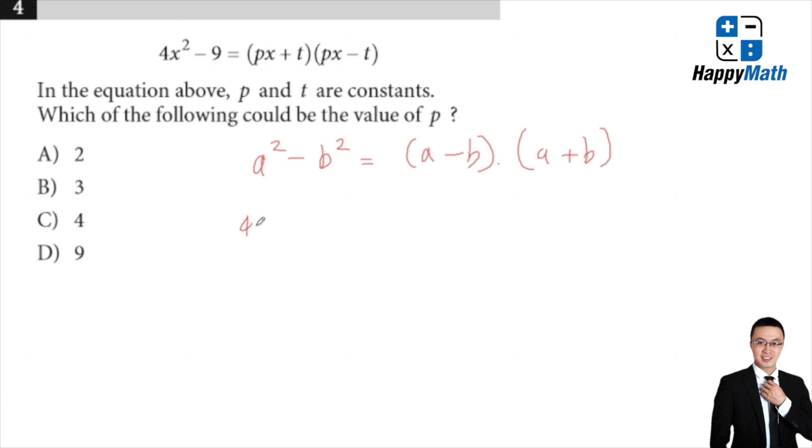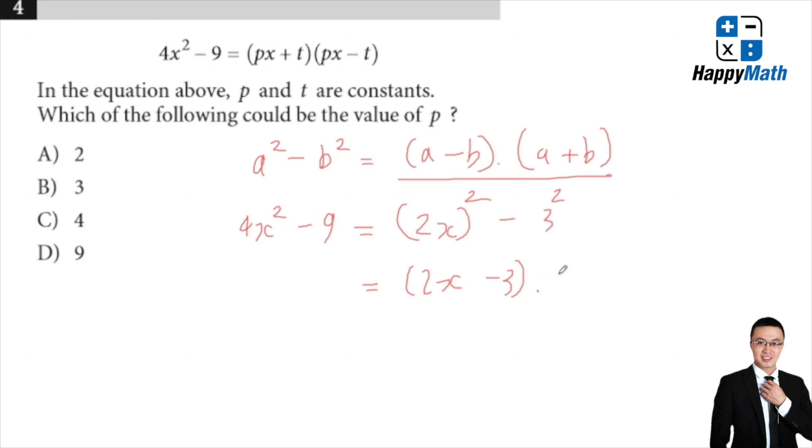So corresponding here, I change 4x squared minus 9 to 2x squared minus 3 squared. And using this formula, I get 2x minus 3 and 2x plus 3. The number for P is the coefficient of x. So comparing with this equation, you can quite easily recognize P corresponds to A. I mean 2.